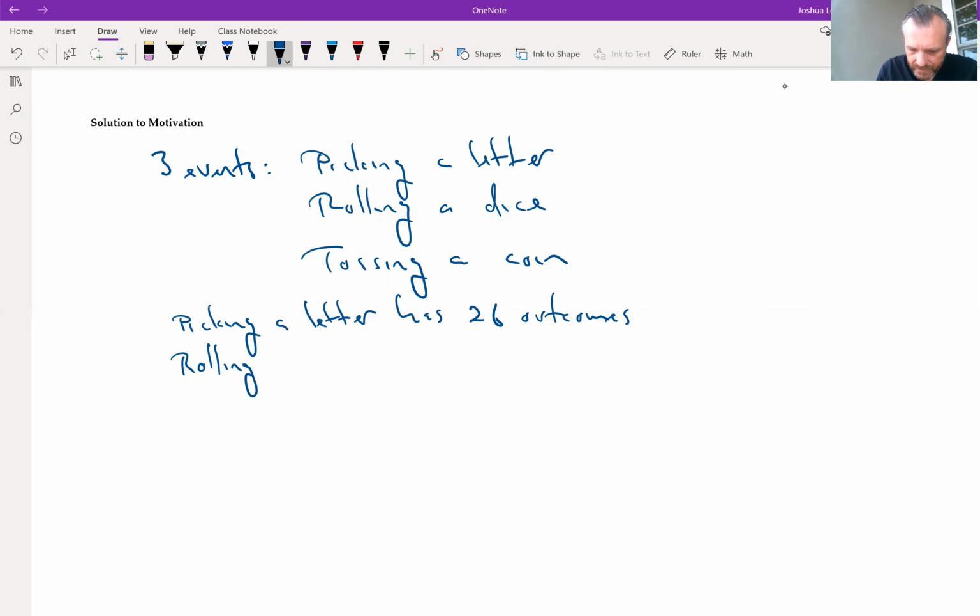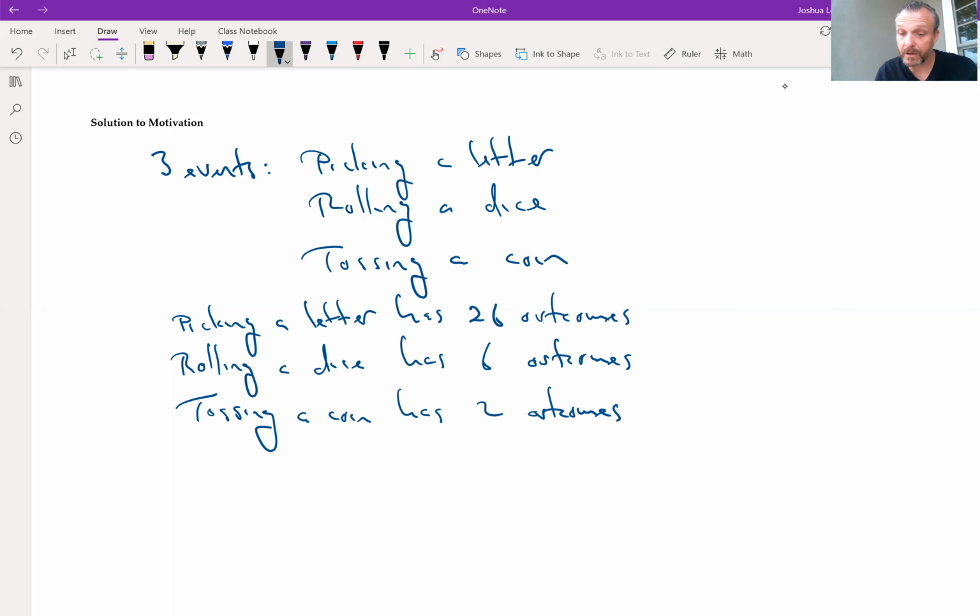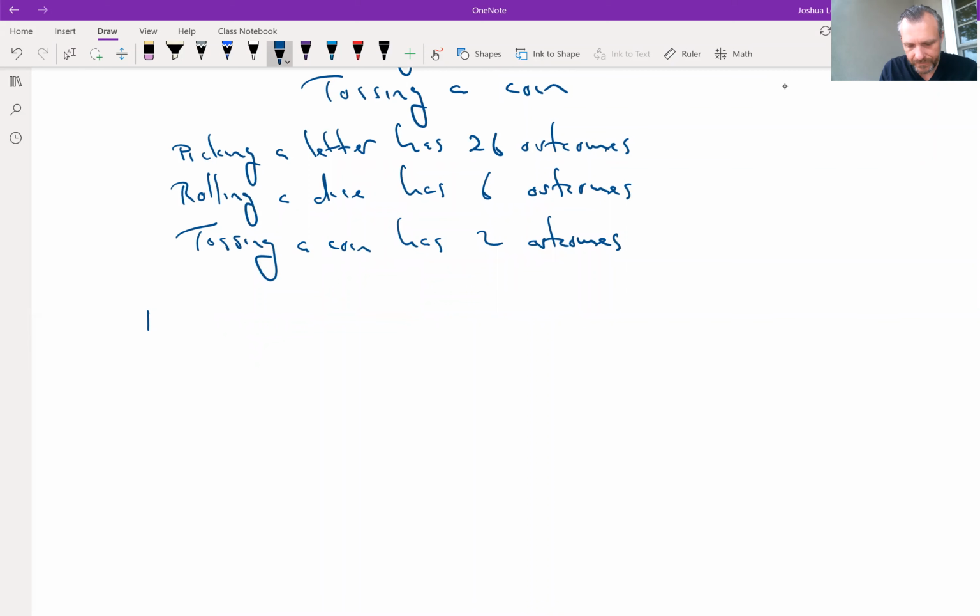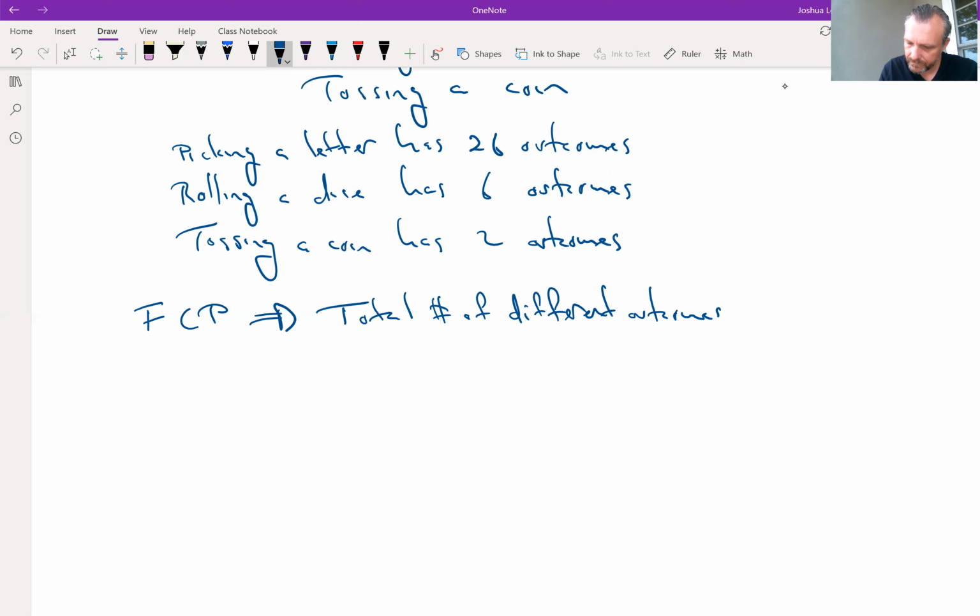Rolling a dice has 6 outcomes. Tossing a coin has 2 outcomes. And so the fundamental counting principle, FCP, tells me the total number of different outcomes is 26 times 6 times 2.